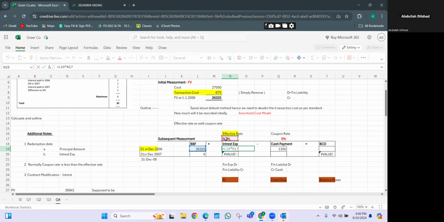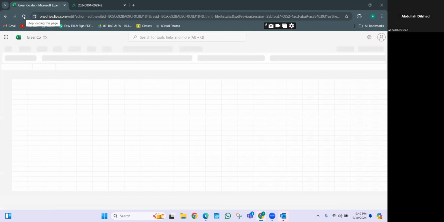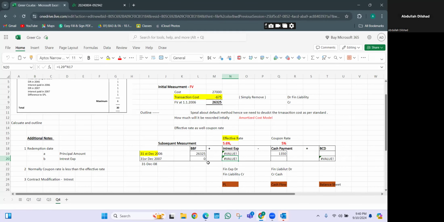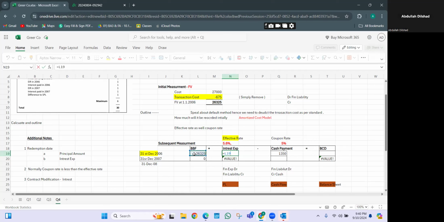One minute. There's a small issue in my Excel sheet. Let me reload it. Okay, found it.